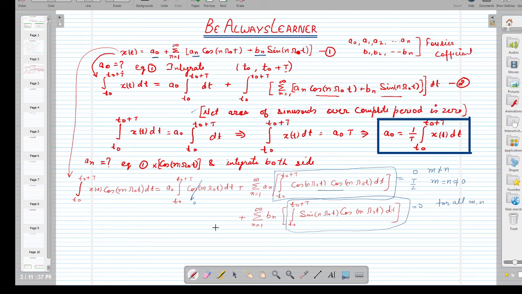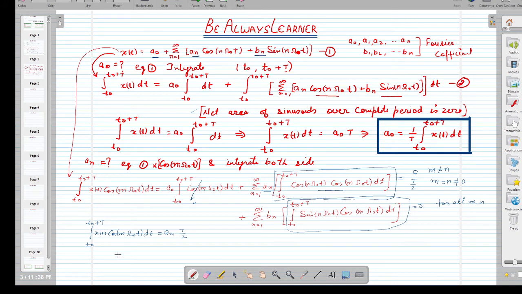So using this notation, I can write that the integration of x(t) cos of m omega naught t with respect to dt, where the time limit is from t naught to t naught plus capital T, is equal to, we can write it now, am T by 2.